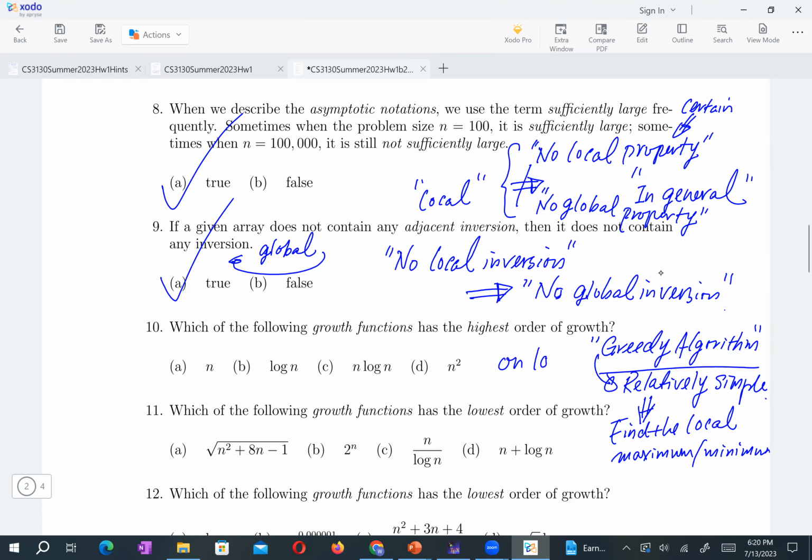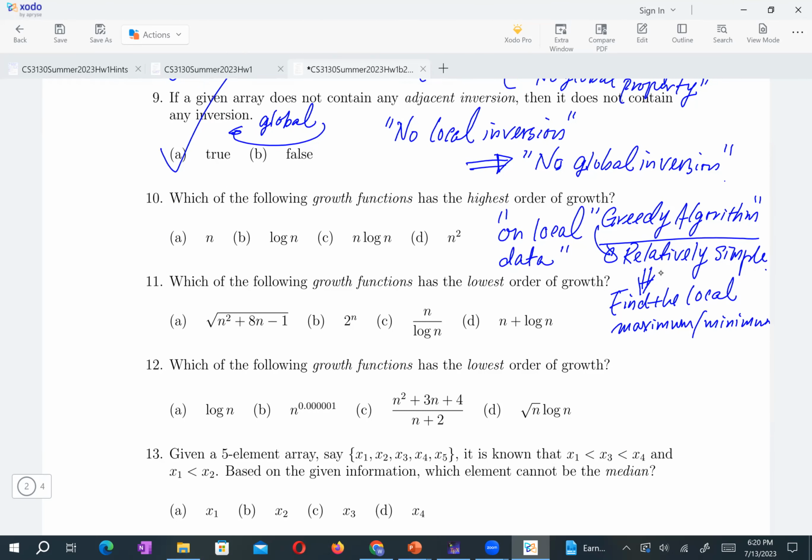Now the consequence of the greedy strategy: the greedy algorithm may not provide us the optimal solutions.